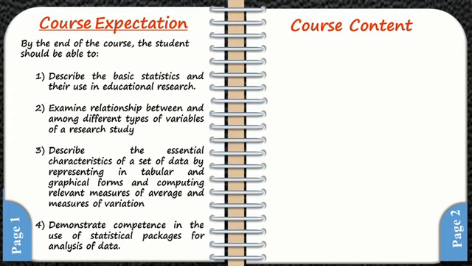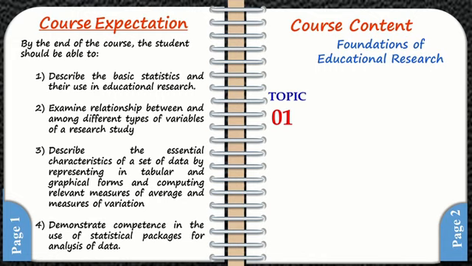Also, in this course, there are several topics we are going to cover. There are about 5 topics, and all of them are exciting topics. Topic number 1 we are going to cover is foundations of educational research.